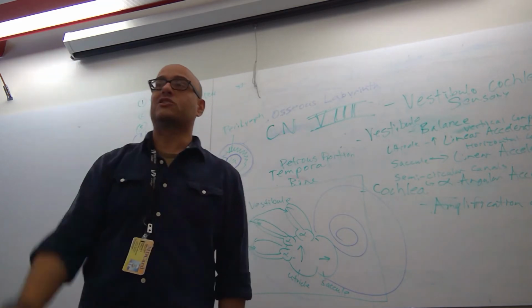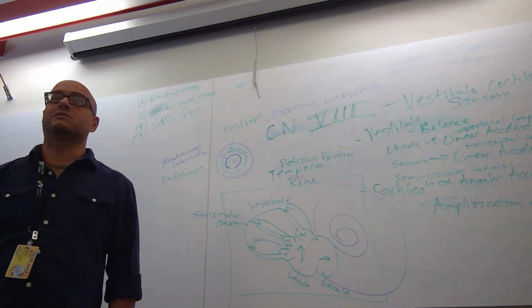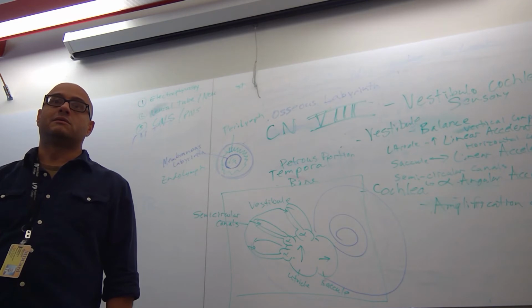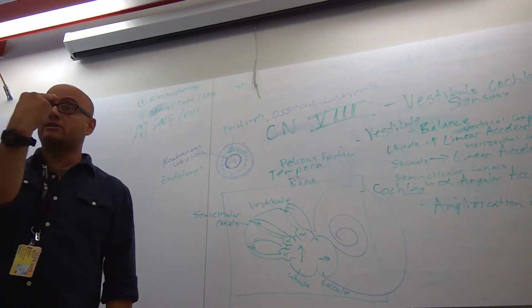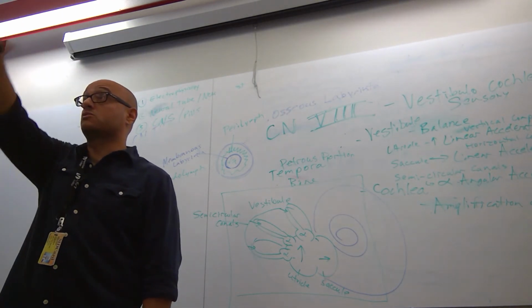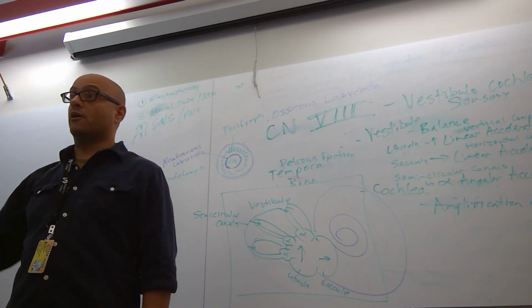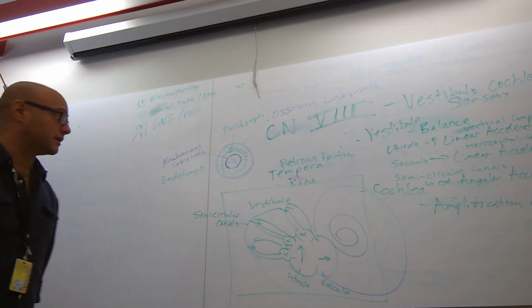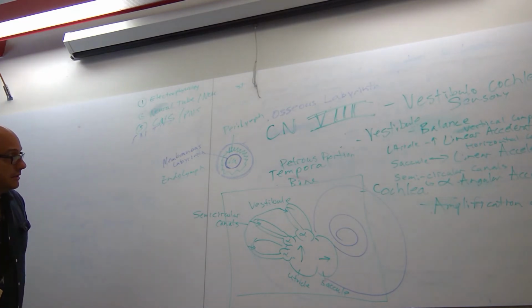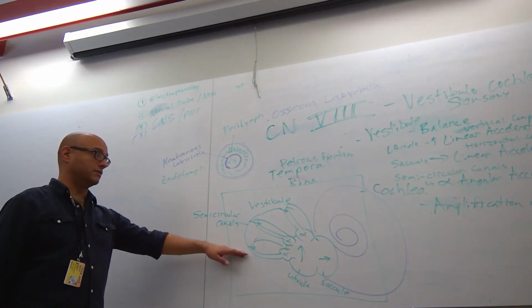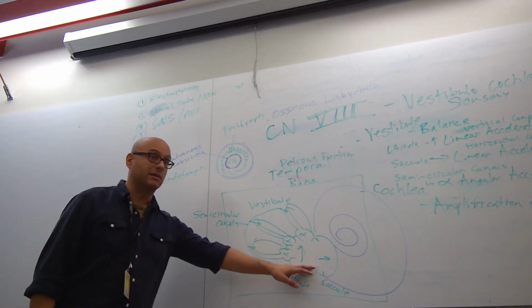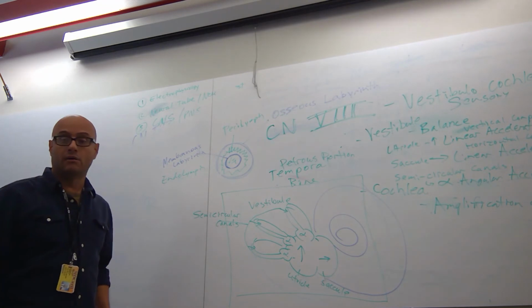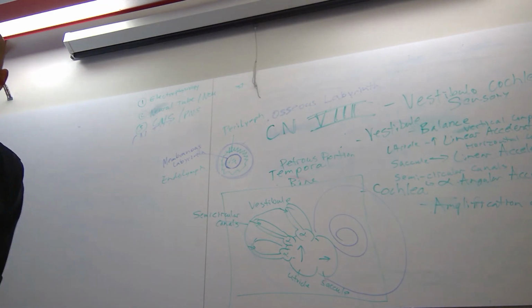You'll try to maintain that horizontal, because your eyes are designed to track horizontally as well as vertically, and our brains are getting that input. So that's sound and balance.